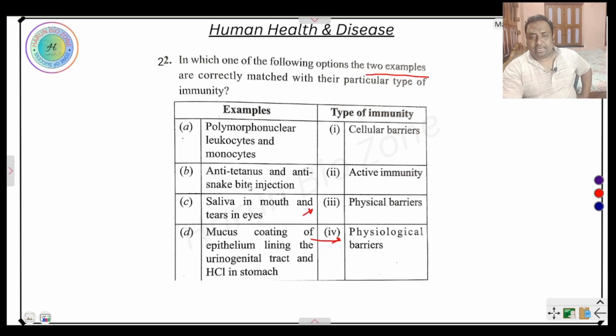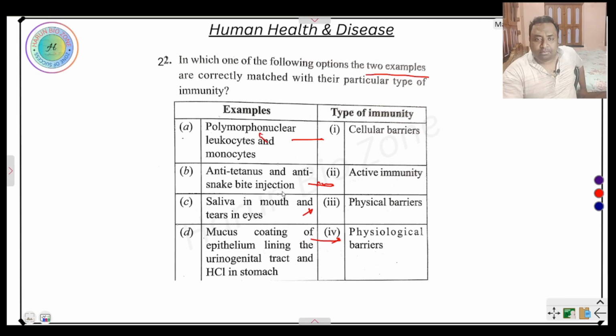Here anti-tetanus and anti-snake bite injection are passive immunity, and polymorphonuclear leukocyte is a cellular barrier. Polymorphonuclear means neutrophil, eosinophil, and basophil. This is a cellular barrier.